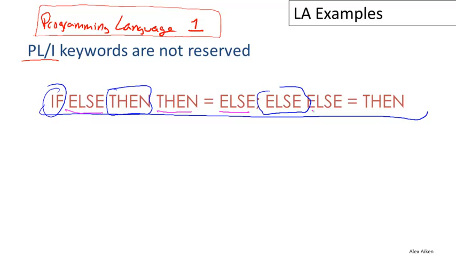These are all variable names. And as you can imagine, this makes lexical analysis somewhat difficult because when we're just scanning left to right, when say we're at this point, how do we decide whether these things are going to be variable names or keywords without seeing what's going on in the rest of the expression? So lexical analysis in PL1 was quite challenging.